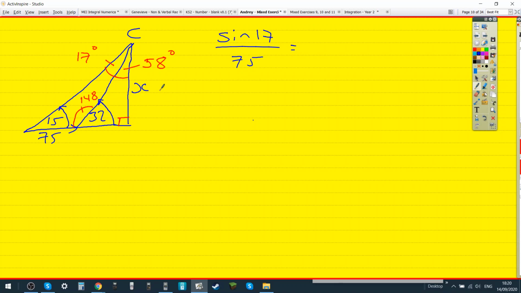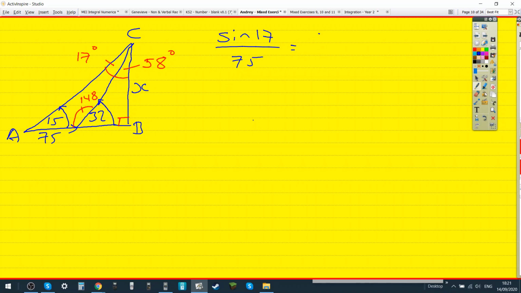So what do you mean when you say like an equation? So sine rule, we have these two, angle and side are opposite each other. What else could you do? Do I now need to make sine 17 over 75 equal to sine 15 over x? I believe it would be 15 over this one here. Oh, right, yeah. Because that's just a small angle.